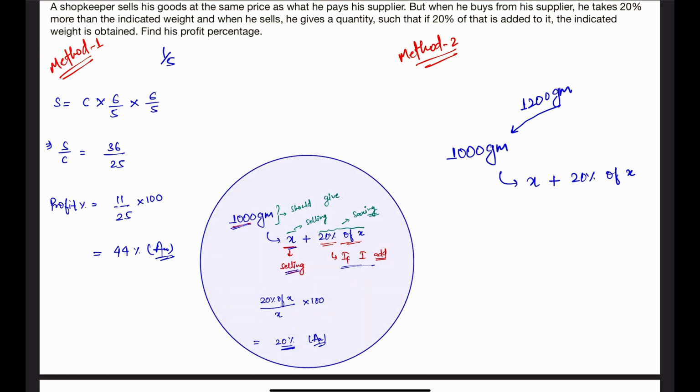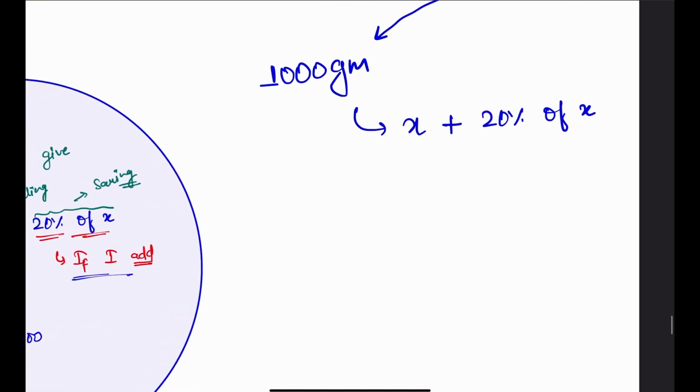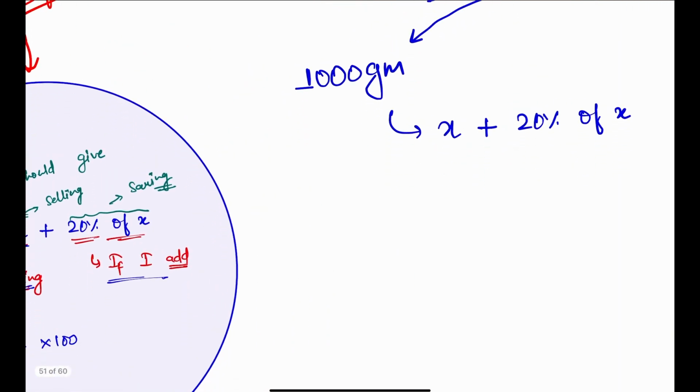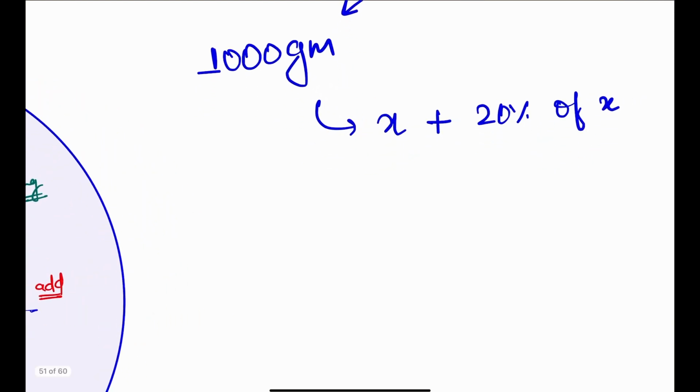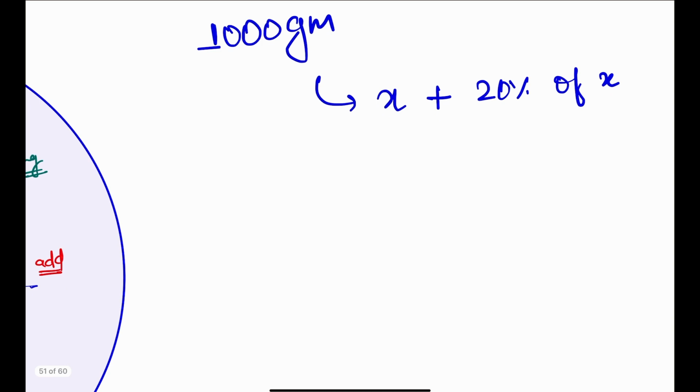Because this is a kind of concept for both. Okay, now let's come to this part. So I know that x plus 20% of x is this much, so I can write 20% of x is 1 by 5, so 1 plus 1 by 5 is 6x by 5 equal to 1000.